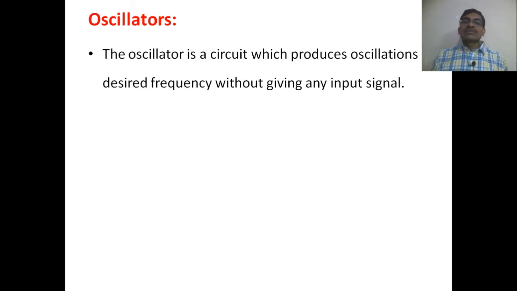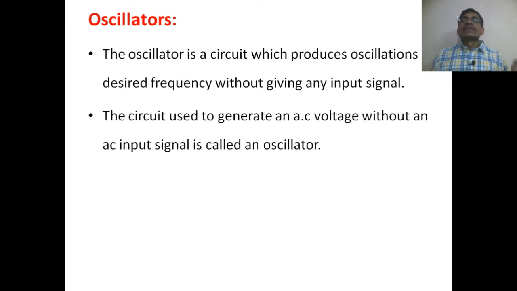And one more definition for this is: the circuit used to generate AC voltage without an AC input signal is called an oscillator. The oscillator output is an AC signal, and it does not take any input signal. Without any input signal, the oscillator gives the output signal.